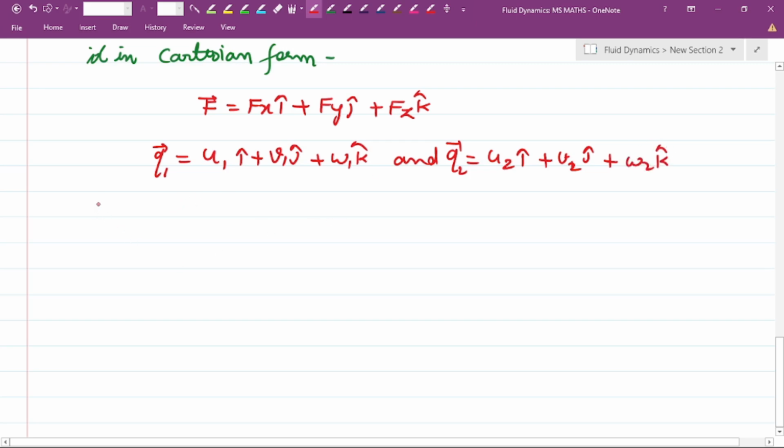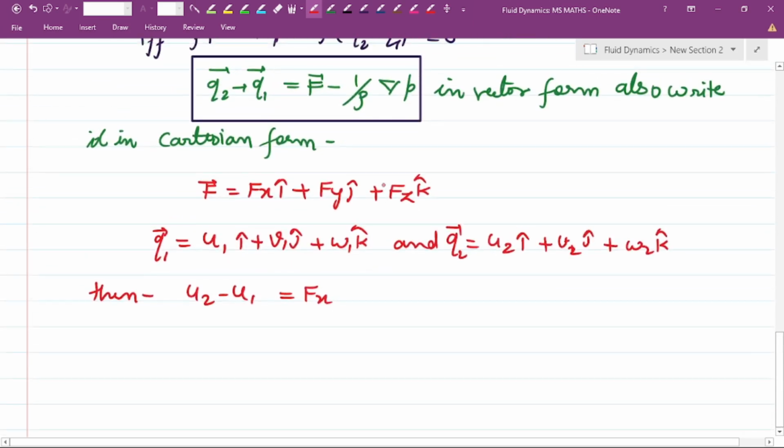Then we can write u2 minus u1 is equal to Fx, for the x direction. It means the velocity component along the direction x, u2 minus u1, equals Fx minus 1 upon rho.